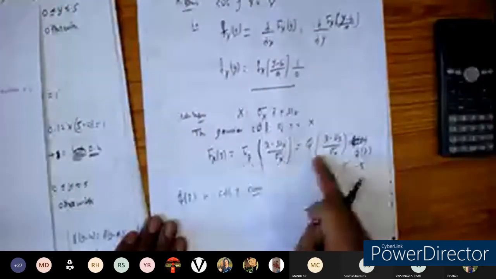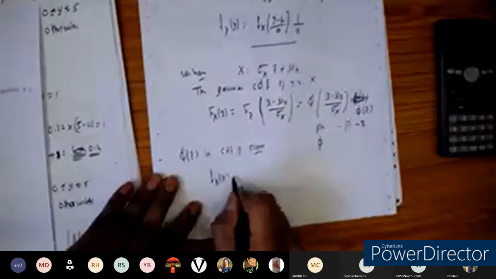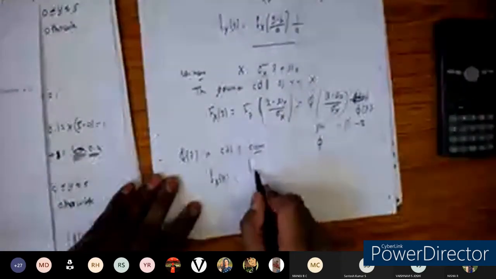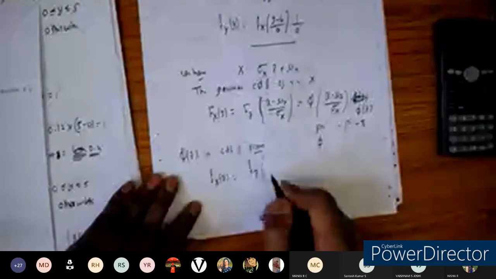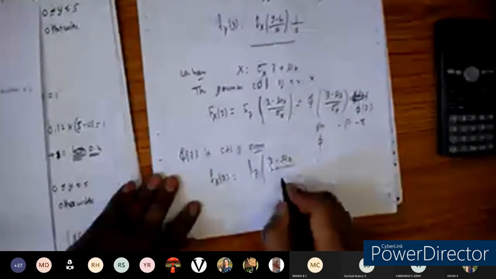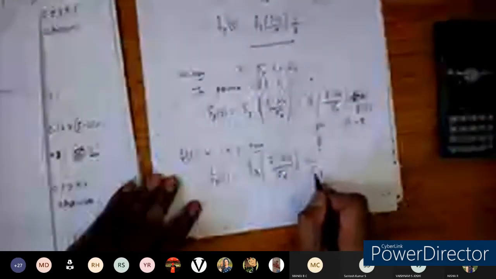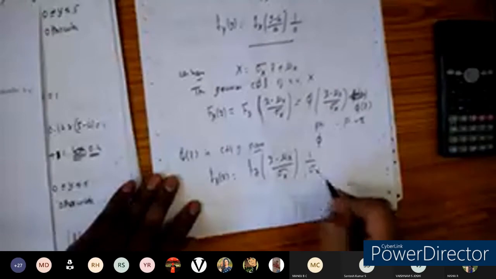Small f denotes a PDF here, so f x of x, but f z. In a similar way, by using the transformation, we are supposed to find it, so this will be given by 1 by sigma x.